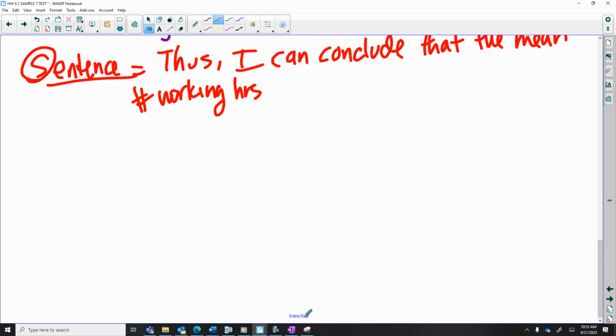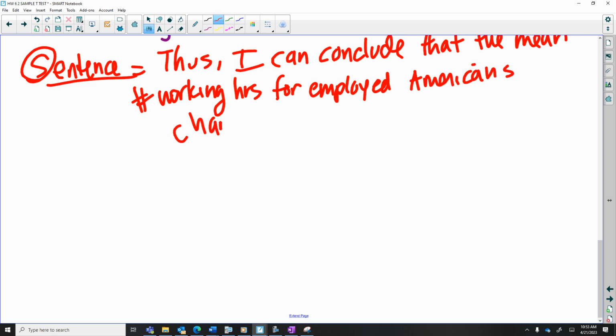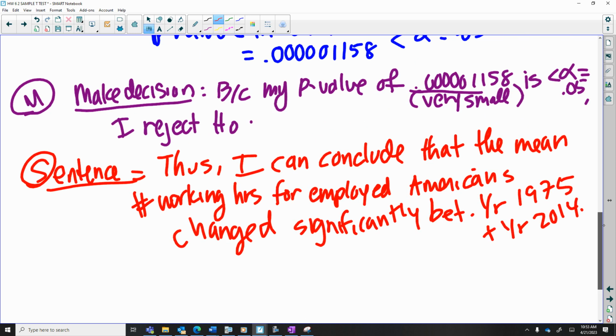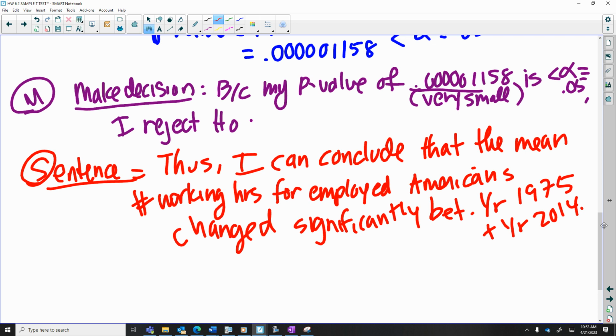Thus, I can conclude that the mean number of working hours for employed Americans changed significantly between the year 1975 and the year 2014. So this is such a small p-value that it is really, really good evidence that there was a significant change between the two.